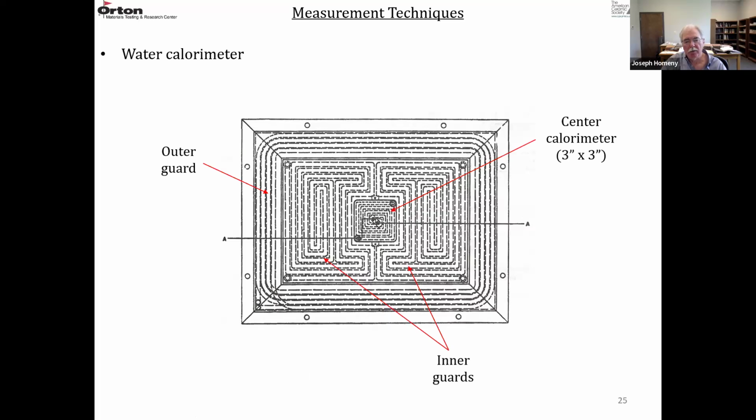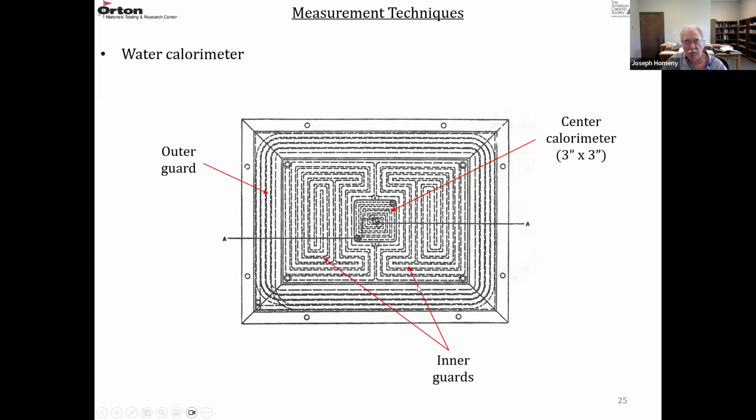So the calorimeter looks something like this. There's an inlet and an exit, and then there's all these water channels. So water comes in one of these inlets, follows these channels, and then exits. So there's your test calorimeter, which is about 3 inches by 3 inches. There's 2 inner guards and then the outer guard.